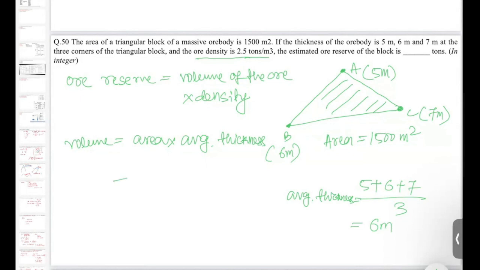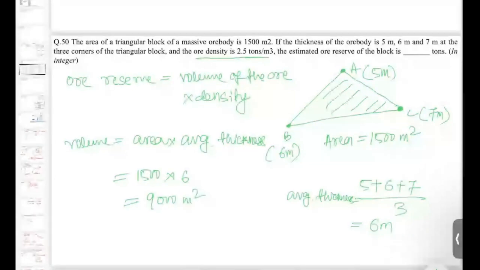Now if you put these values, the area is 1500 into 6, so this becomes 9000 cubic meters.